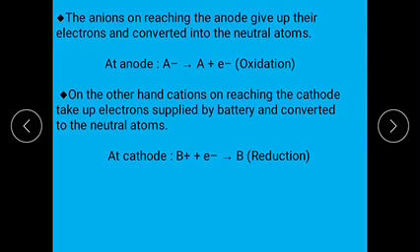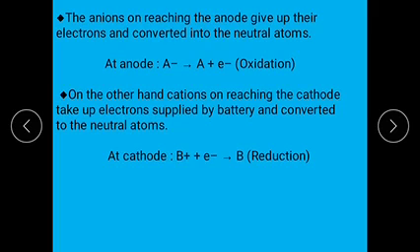The anions on reaching the anode give up their electrons and are converted into neutral atoms. A minus is an anion. When it moves to the anode side, it leaves its electrons and forms a neutral molecule.